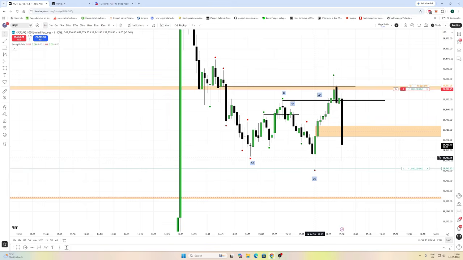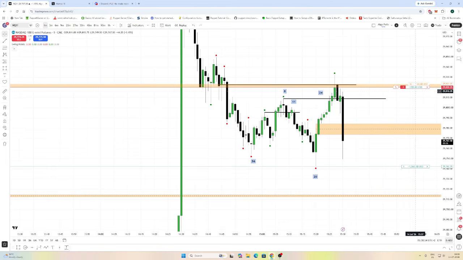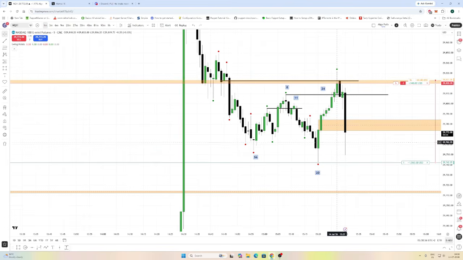So we can exit here at the rejection block as well. So we need not hit the low. Maybe we just drag down the SL if it does not want to go for the lows.